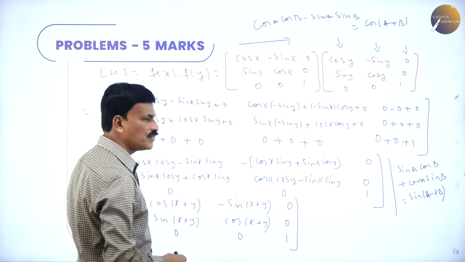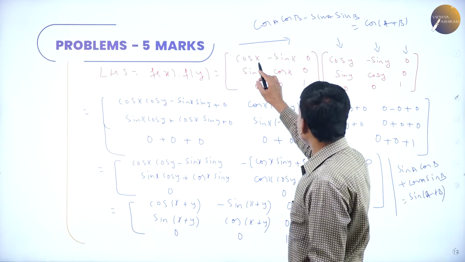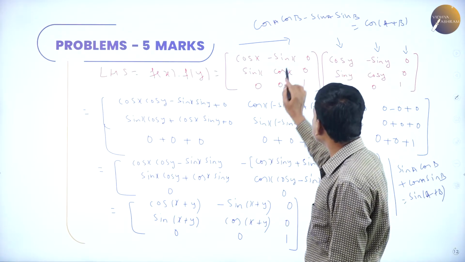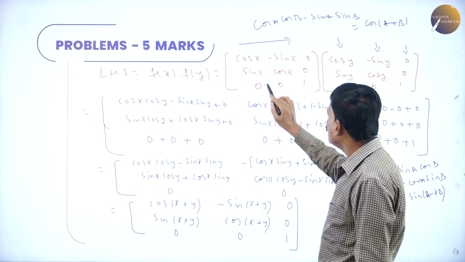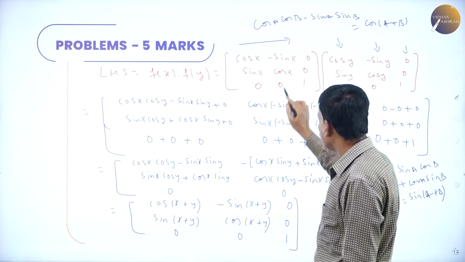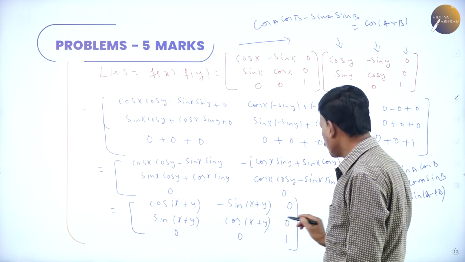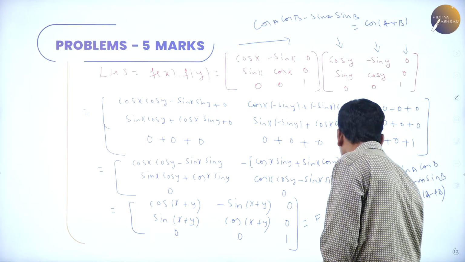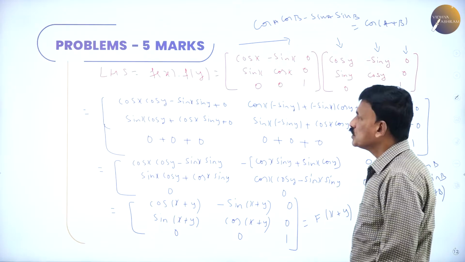Now if you observe carefully, wherever x, we have x plus y. See, cos(x+y), sin(x+y), 0, sin(x+y), cos(x+y), 0. So therefore this can be written as f(x+y).